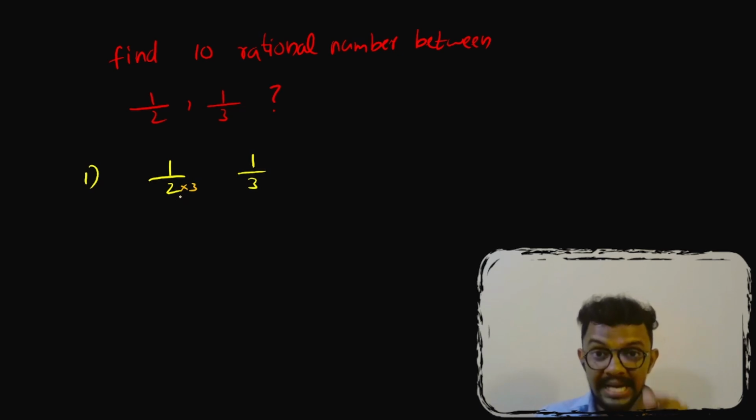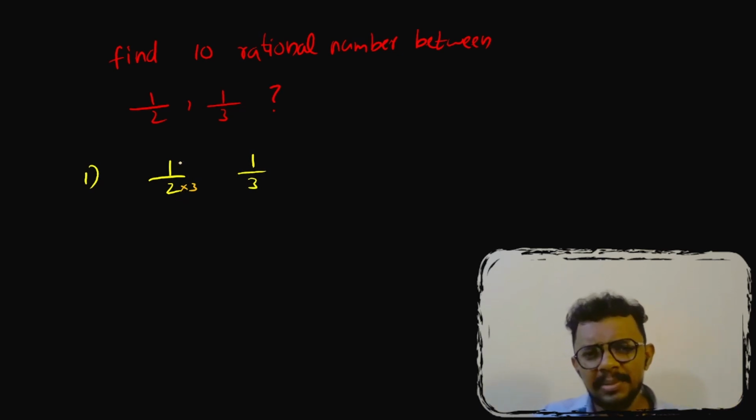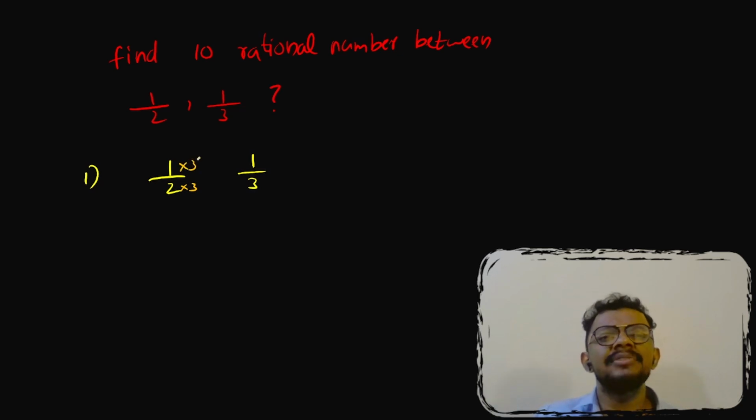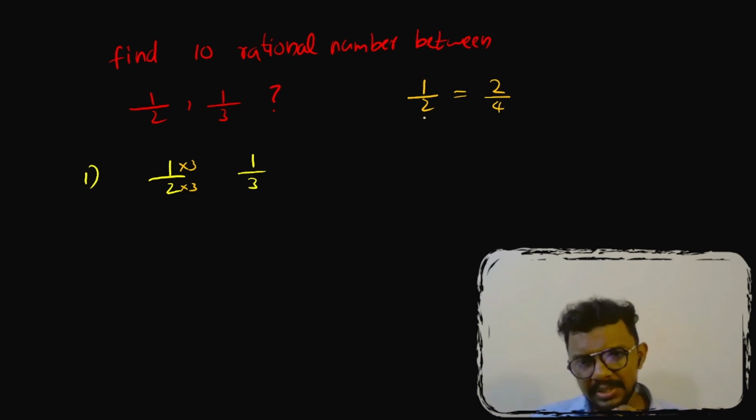But in a fraction, if I multiply 3 in the denominator, I should multiply the same 3 in the numerator, otherwise the number will change. For example, 1 by 2 and 2 by 4 are the same. When the same number multiplies the numerator as well as the denominator, the number won't change.